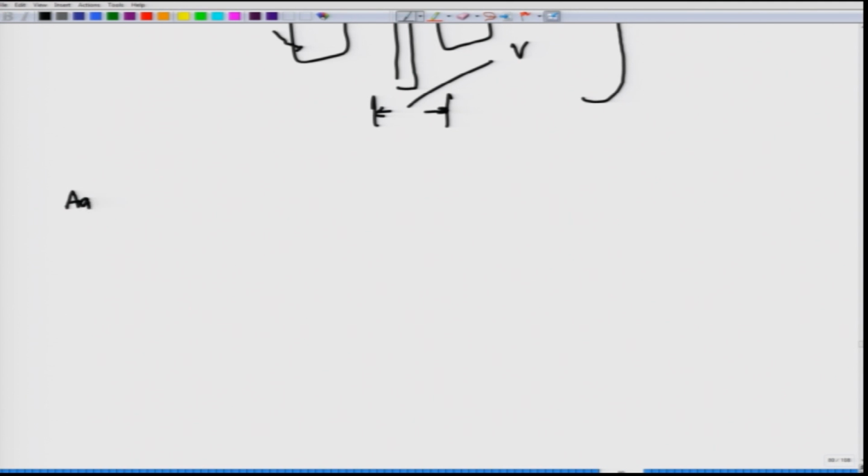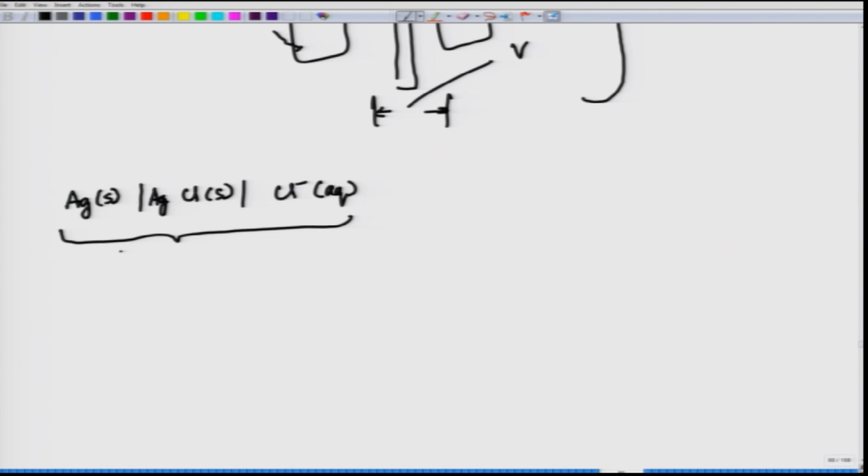So, you are using AgCl as the reference electrode: Ag solid, AgCl solid, Cl- aqueous. This is your outer reference electrode.